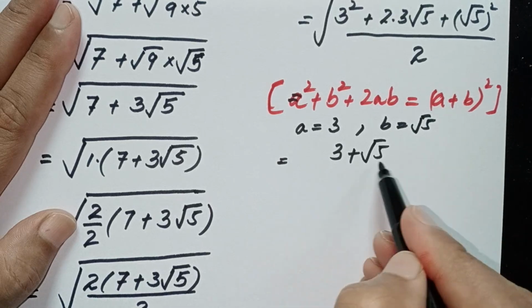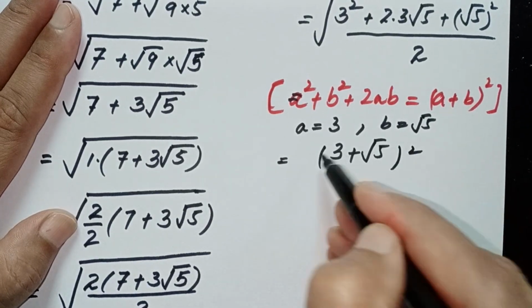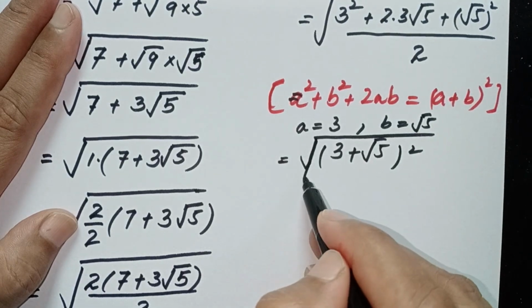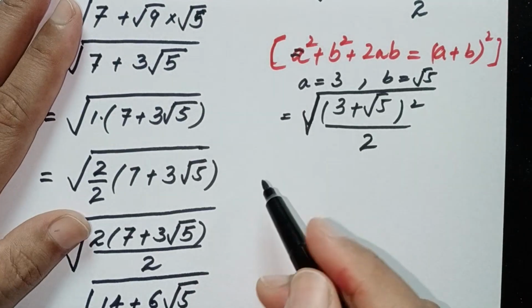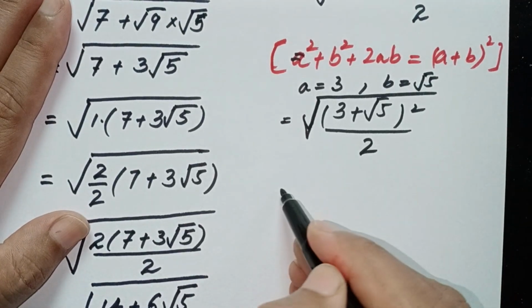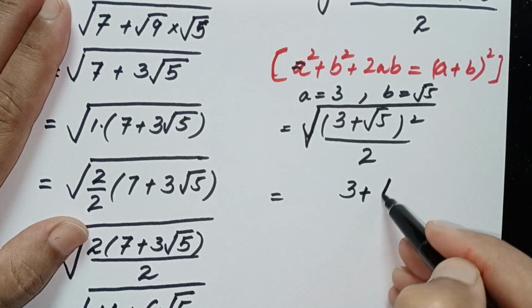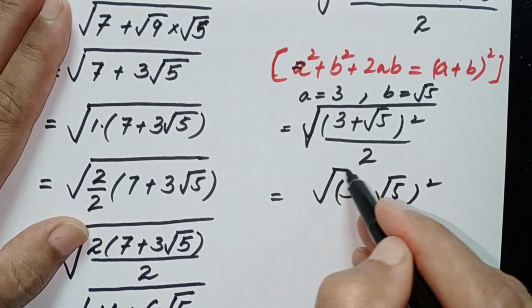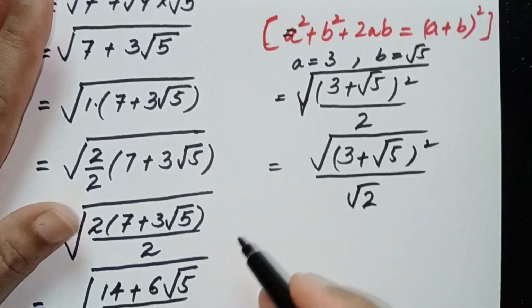So we get 3 plus square root 5 whole square over 2. Now we can write this expression in this form: 3 plus square root 5 whole square, root over 2, square root.